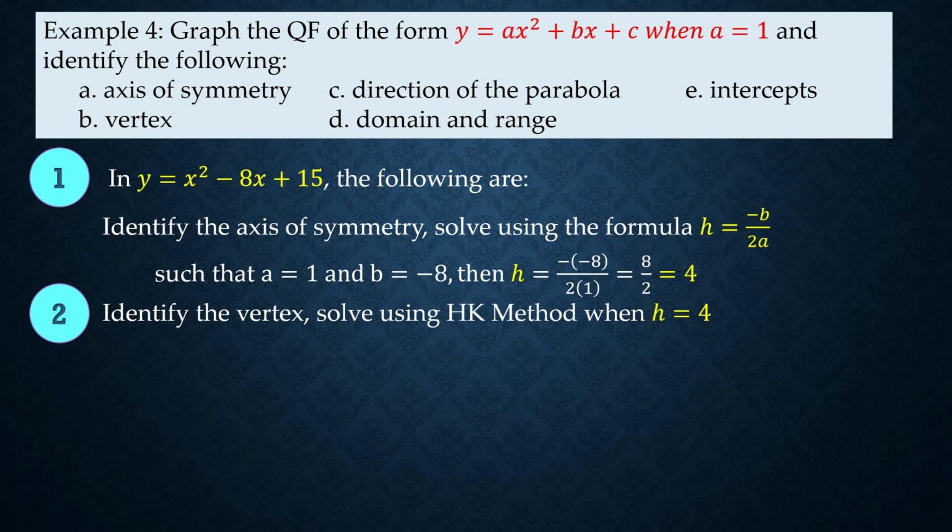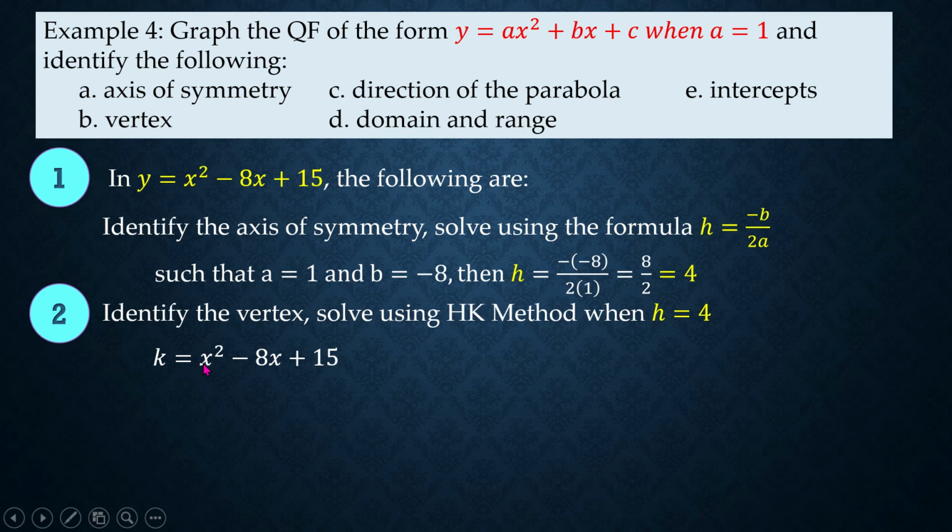Second step, identify the vertex. We already solved for h, so we just need to find the value of k using the HK method when h is 4. We know k is equal to the function itself, x squared minus 8x plus 15. We just replace the variable x with 4, because h is equivalent to the value of x.